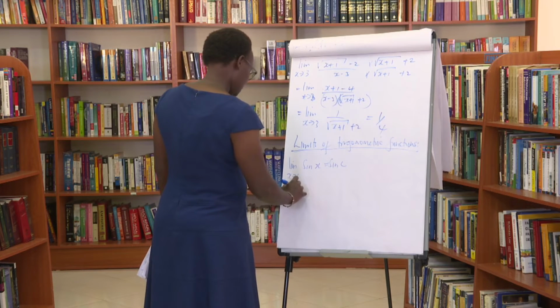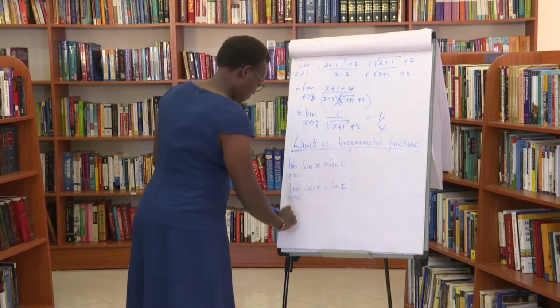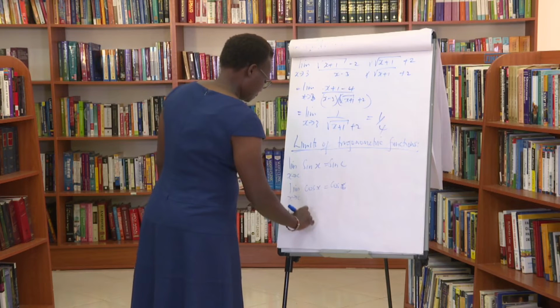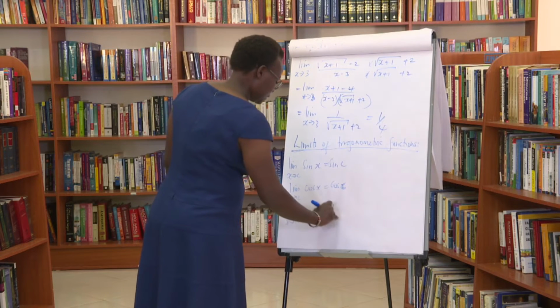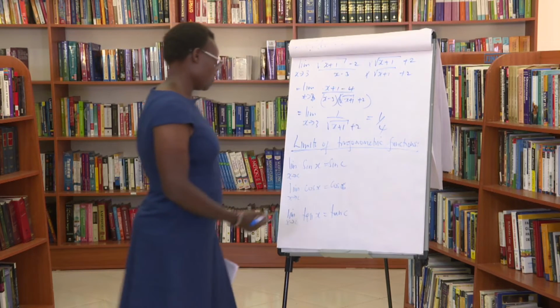The limit as x tends towards c of cos x is cos c. And the limit as x tends towards c of tan x is tan c. And their reciprocals also apply here.